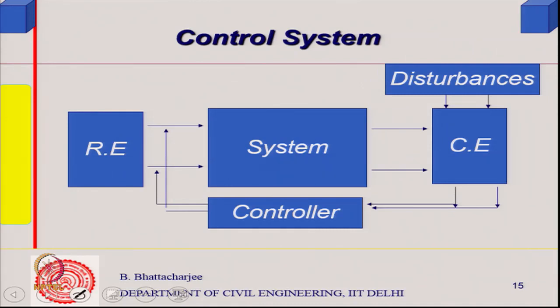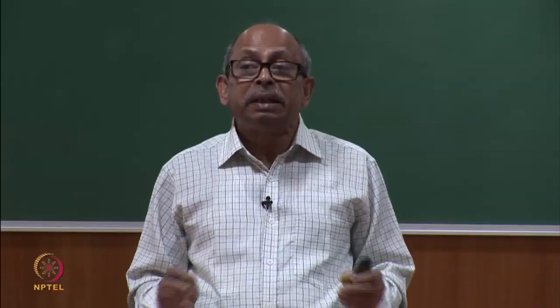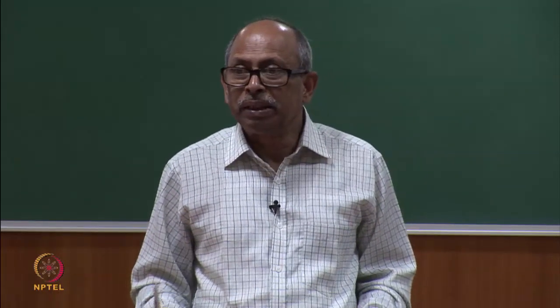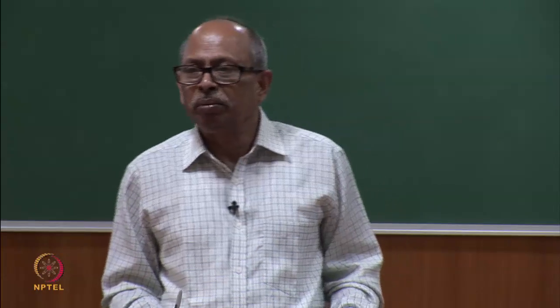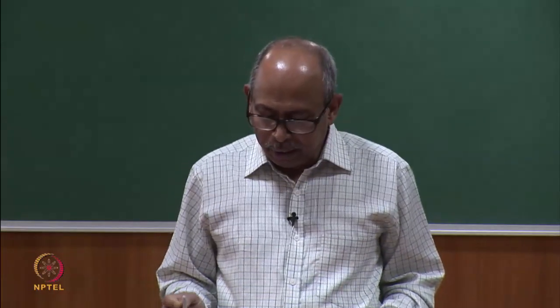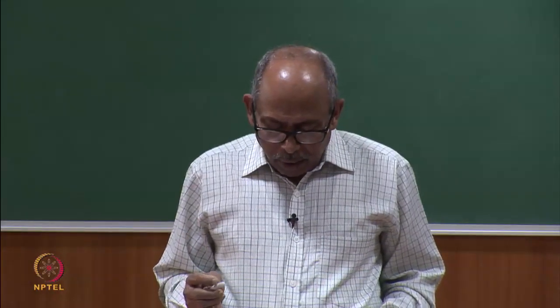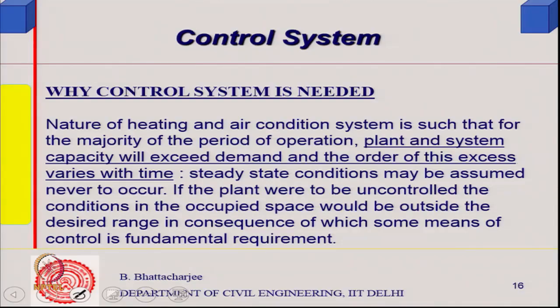Then disturbances, we talked about earlier. When you do this for almost all variables through a single automated system, that gives you an intelligent building actually. Well, the nature of heating and air conditioning system is such that for the majority of the period of operation, plant and system capacity will exceed demand.